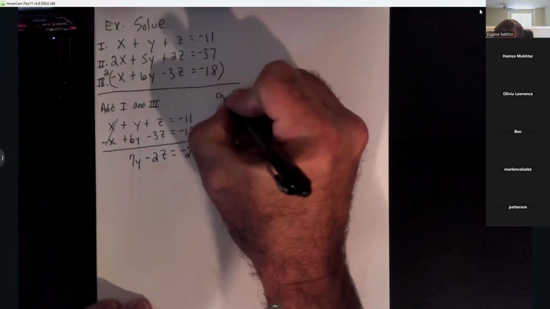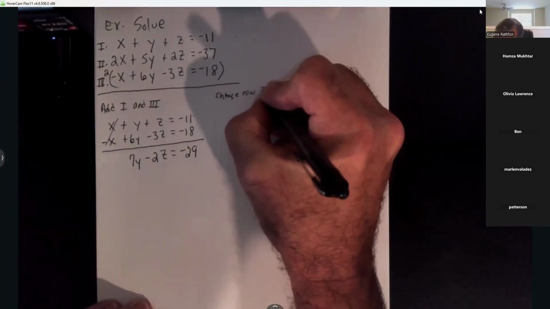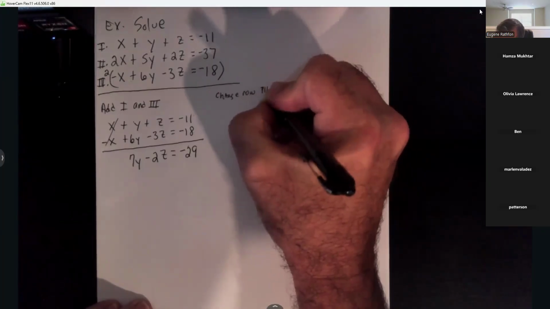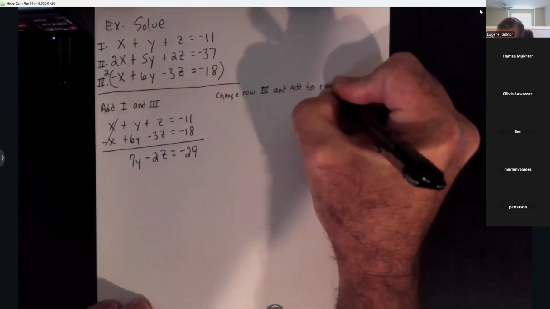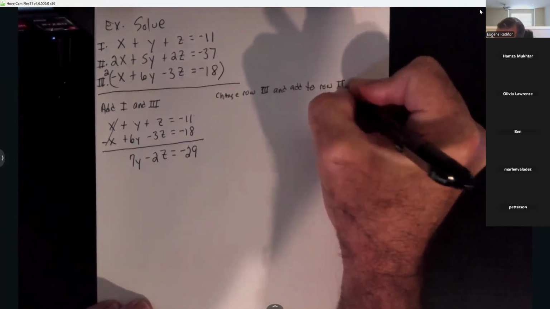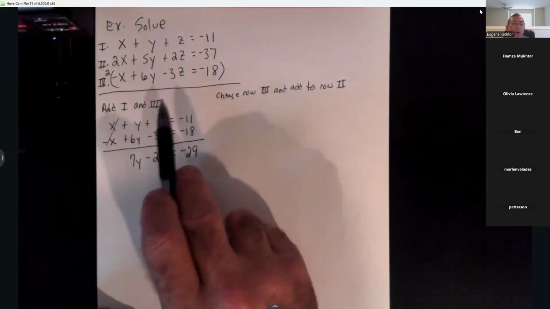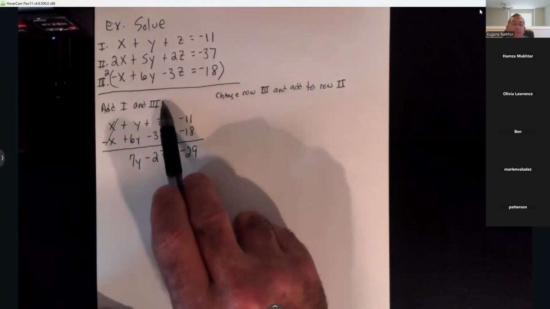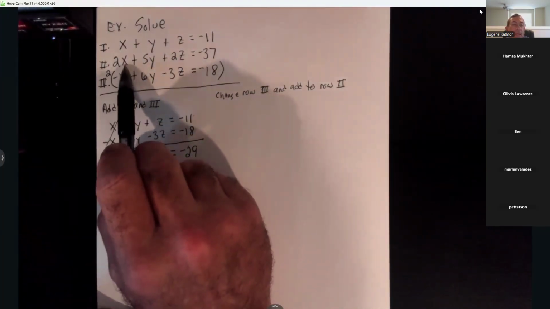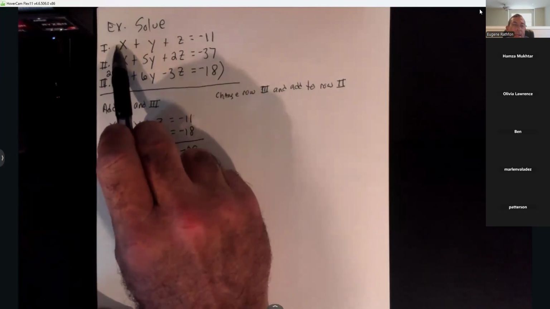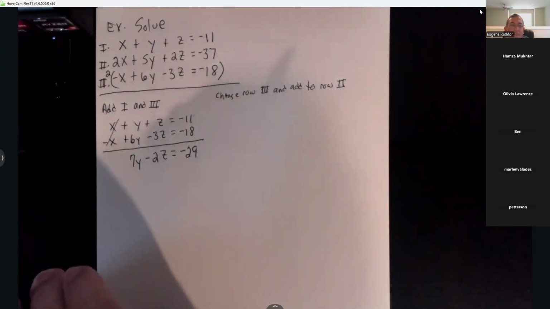So I'm going to change row 3 and add to row 2. So I use 1 and 3 here. I'm using 2 and 3 here. It don't matter which one gets used again. I could have tried to use the first row and the second, and I'd have had to multiply this row by negative 2 to get them to cancel. So it wouldn't matter which one you choose, okay?